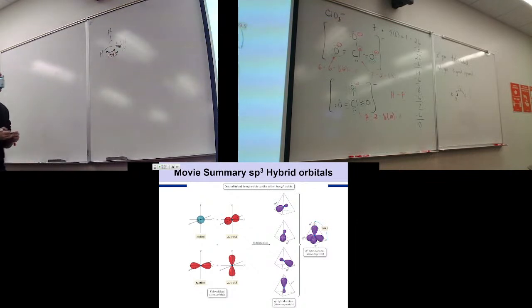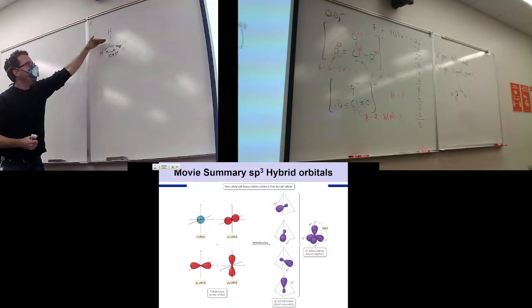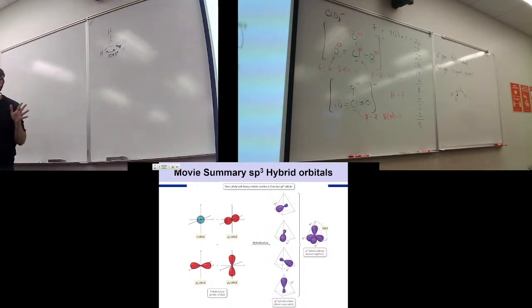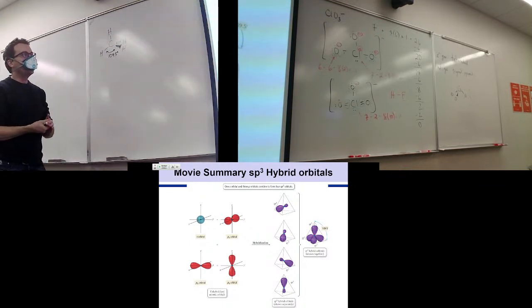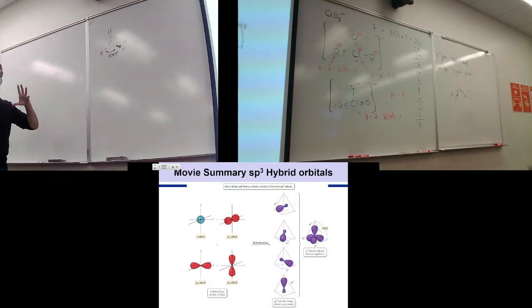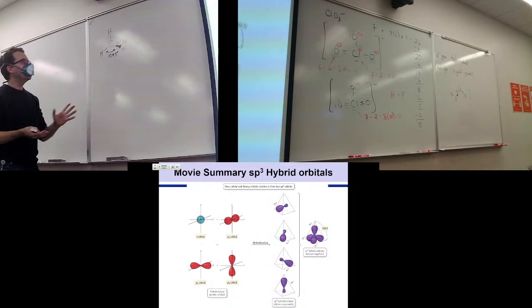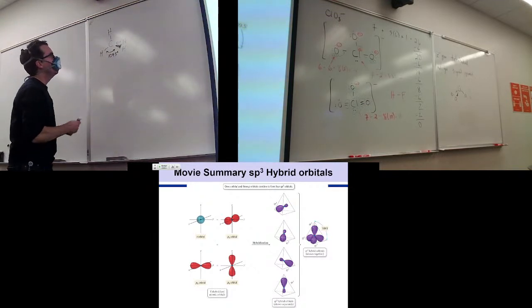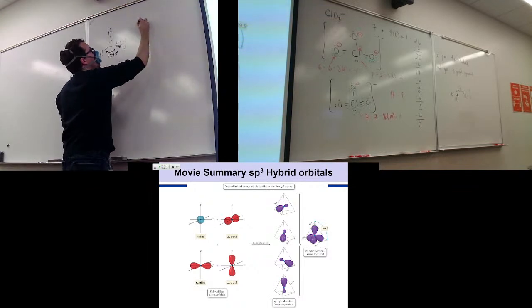And there's no way the regular s and p orbitals will bend. Like, you can't get all the p orbitals to bend downwards to connect to these hydrogens. So instead what they're going to do is mix together to create new orbitals. And when you have this tetrahedral shape, what the orbitals do is they hybridize.